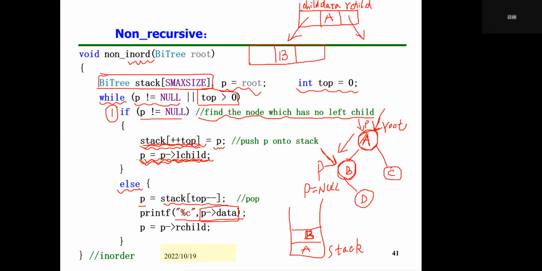So this is the logical view of a binary tree, and this is the storage structure, or we can say this is the binary link. Now we will output in the stack. We just store the address, or we can say we store the pointer here, right?